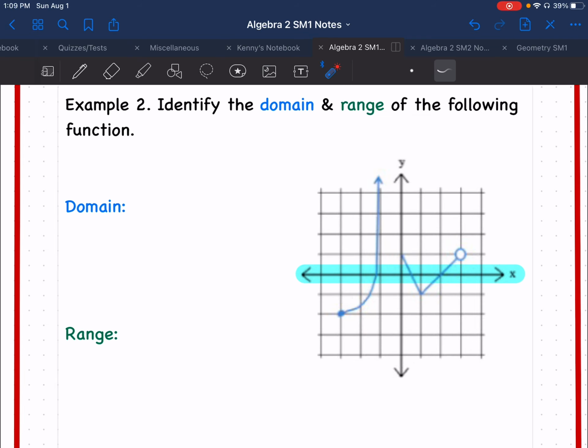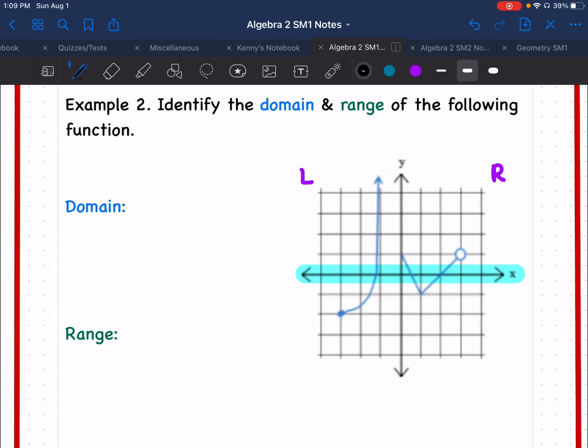Then it looks like my graph starts again right here, which I would pull to 0. And it comes like this, and it ends right here in this open circle at 1, 2, positive 3. So I have to make sure that I say all of this. I need to start on the left side of my graph and read it to the right side of my graph. So when I'm doing domain, I always go left to right. Here we go.